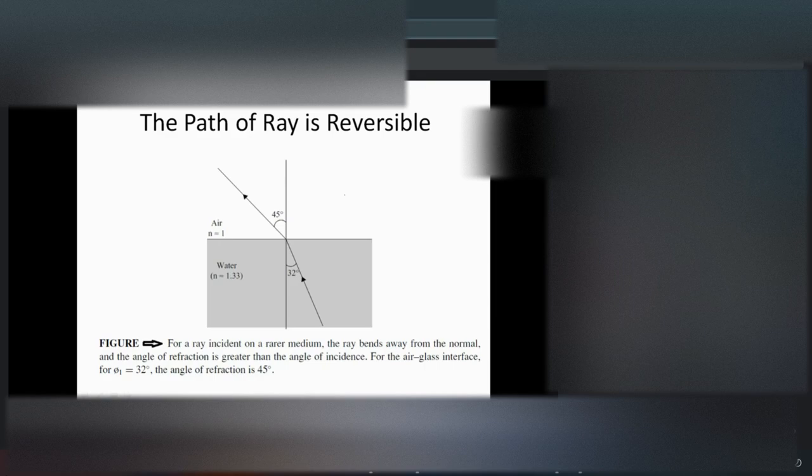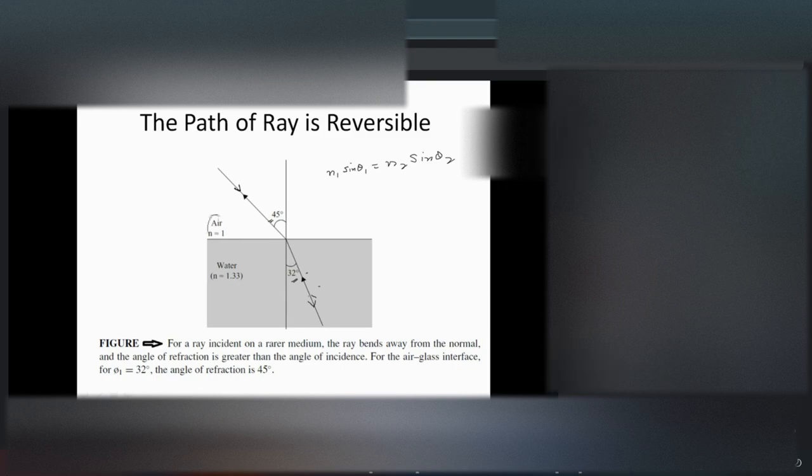This is reversible. It means when we make light incident from the rarer side on the interface and it goes to the denser medium like this, if I make it incident at 45 degrees and it bends in the denser medium towards the normal and makes a 32 degree angle with the normal, then if I reverse the path of this light, and it is 32 here, then it makes 45 here. That means N1 sine theta 1 is equal to N2 sine theta 2.